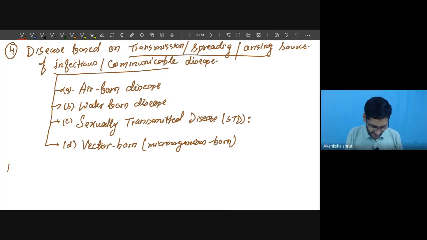So let us first write about airborne disease. Their example are very important. So student, the name itself indicate what is the cause of a spread.